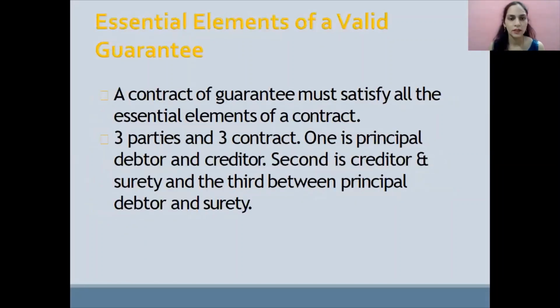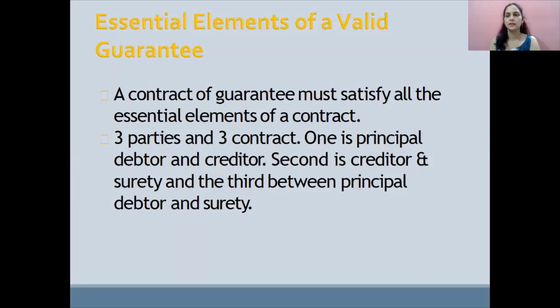Okay. So now let's have a look at the certain essentials of a valid guarantee. So first and foremost, before becoming a contract of guarantee, it is a contract. So it must possess all the essentials of a valid contract, be it offer and acceptance, legal consideration, lawful object, capacity of parties to contract, free consent, etc. It should contain all these essentials of a valid contract.